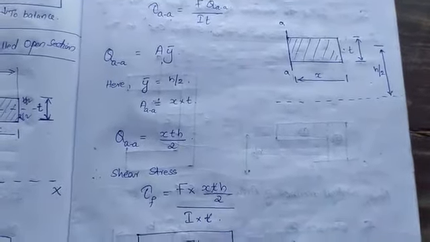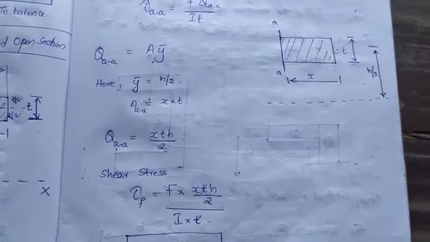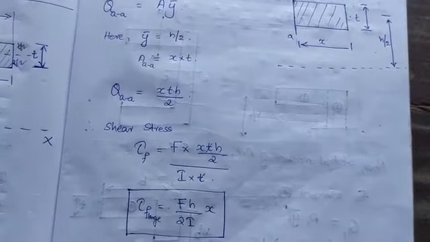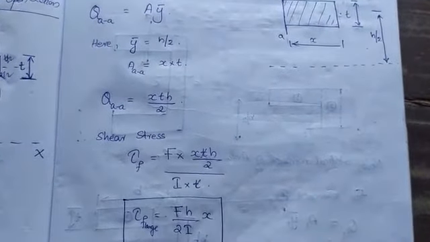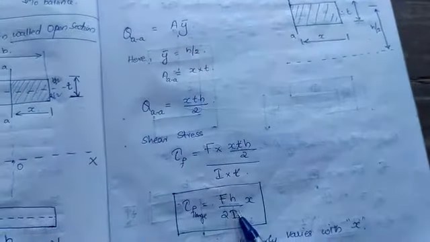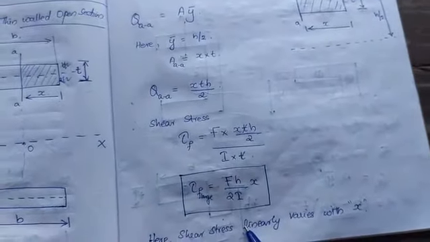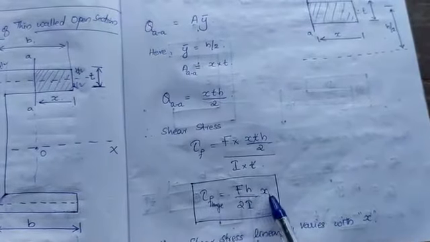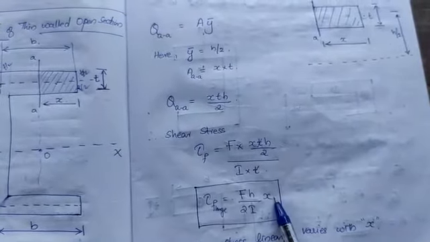Now the shear stress is given by F into x t h by 2 into I t, so the shear stress in the top flange up to here is F h by 2I into x. That means here the shear stress varies linearly with x.